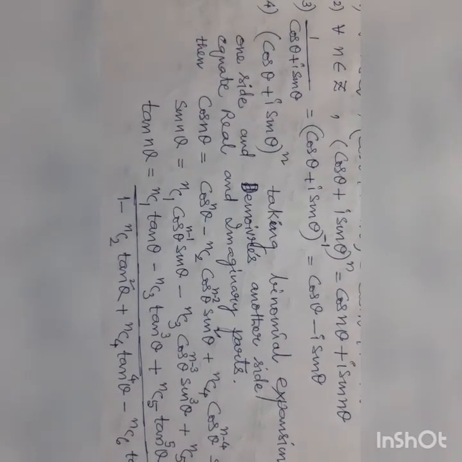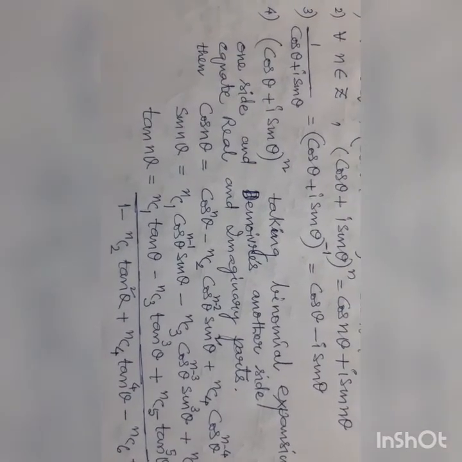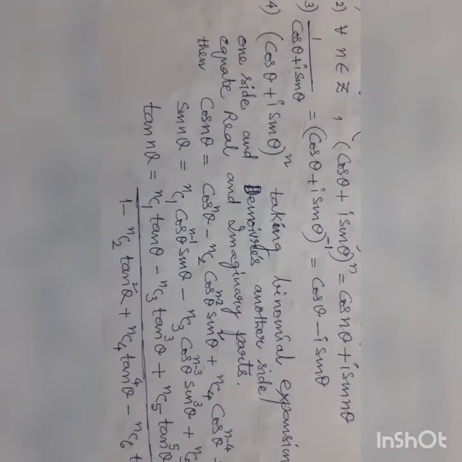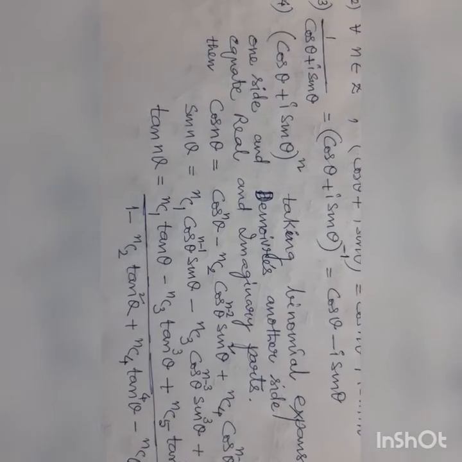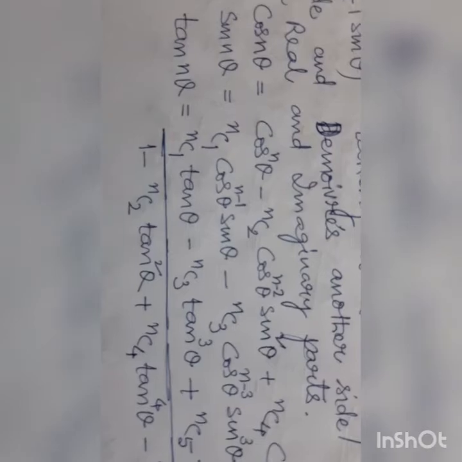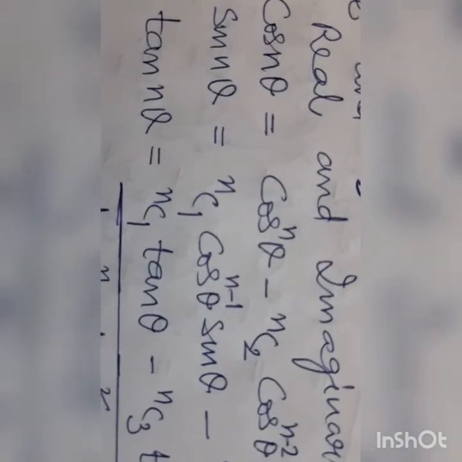In the binomial expansion, you take the real part and separate the imaginary part also, and you compare the real part equals cos n theta.